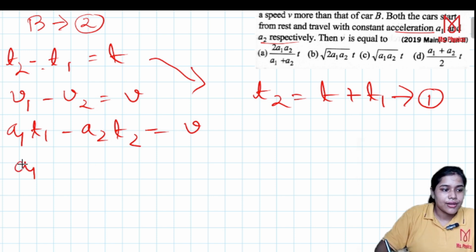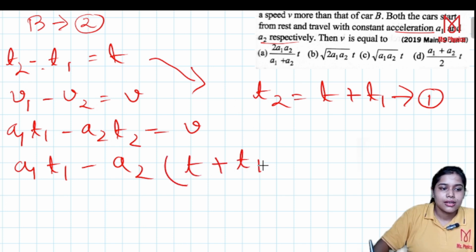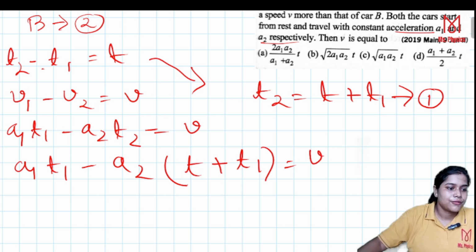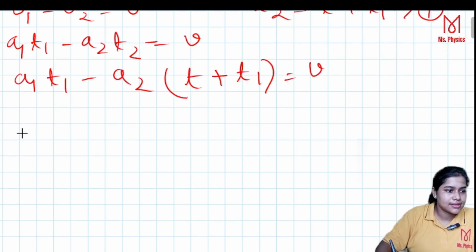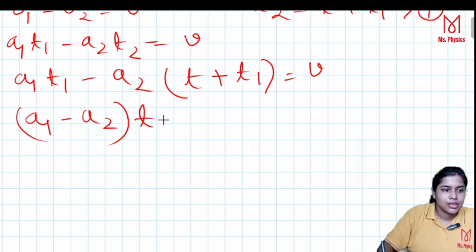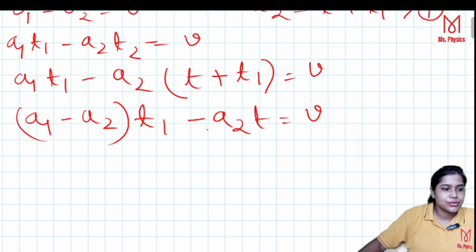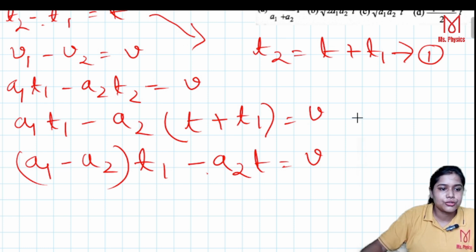So a1 t1 minus a2, instead of t2 we can write t plus t1, is equal to v. Now from here we get a1 minus a2 t1 minus a2 t is equal to v. Suppose you give it as equation number 2.